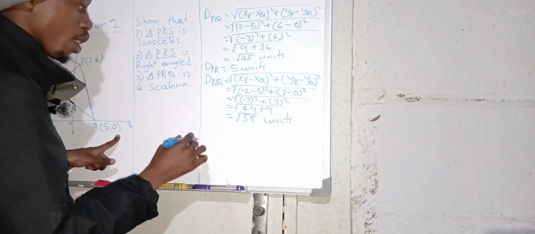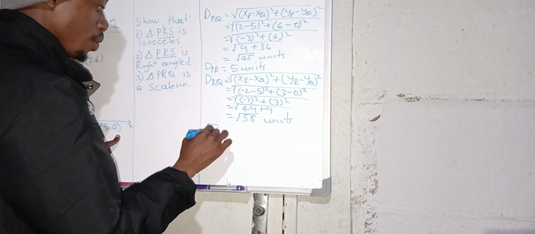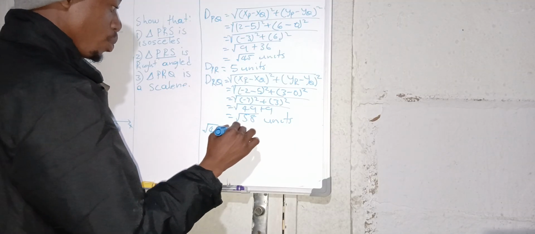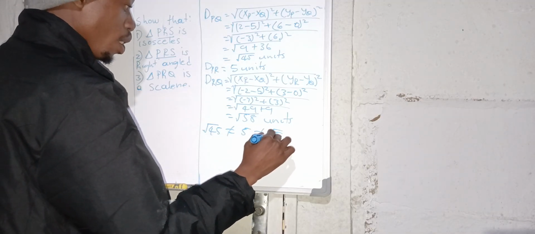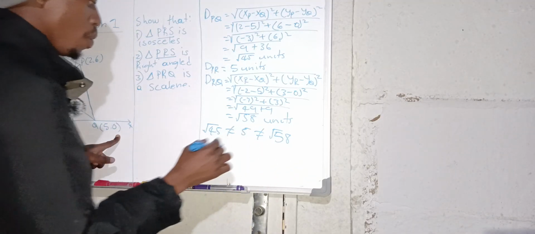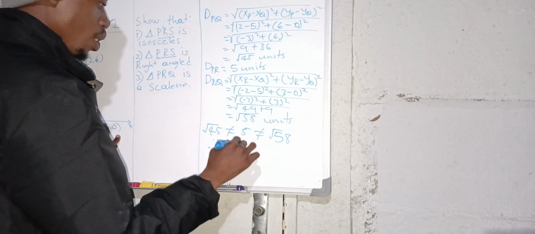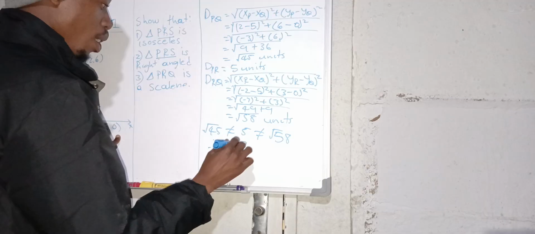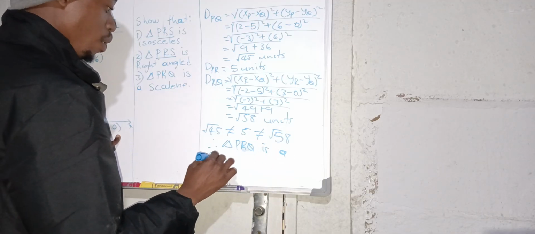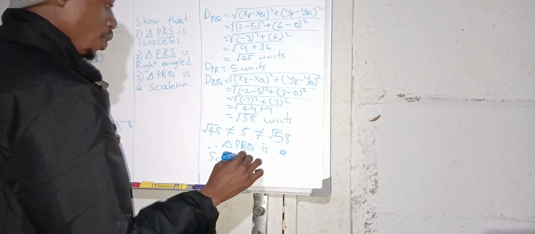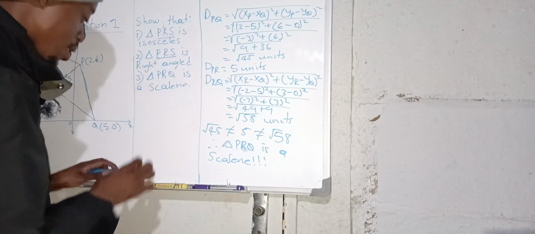So it is clear that the square root of 45 is not equal to 5, and it is not equal to the square root of 58. Therefore, triangle PRQ is a scalene triangle. What did we use? We used the distance formula.